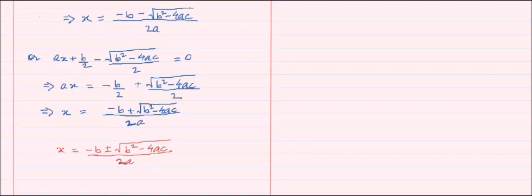This is the quadratic formula. Since we are dealing with a quadratic equation, it is obvious that x will have two values. One of the two values is minus b plus under root b square minus 4ac by 2a, and the second one is minus b minus under root b square minus 4ac by 2a. This is the quadratic formula.